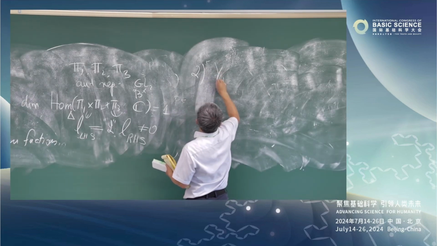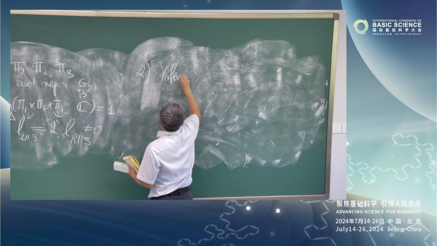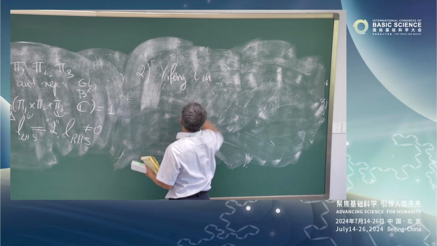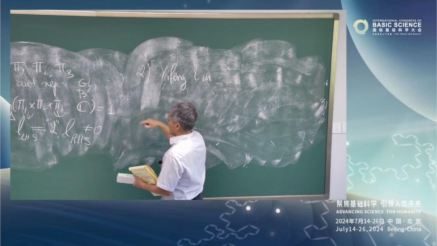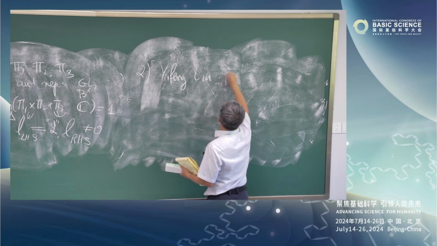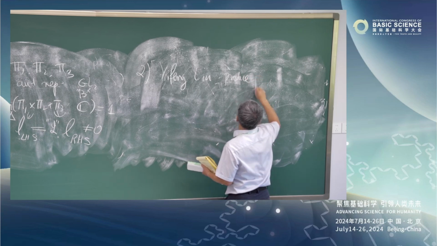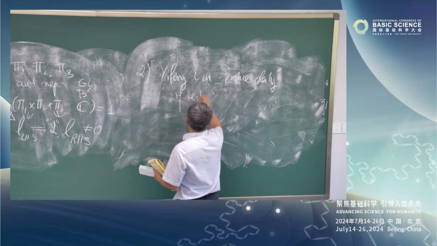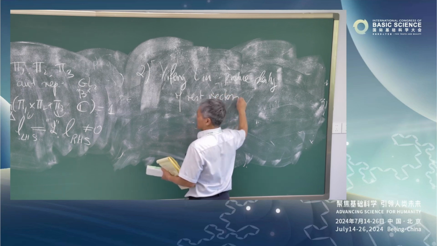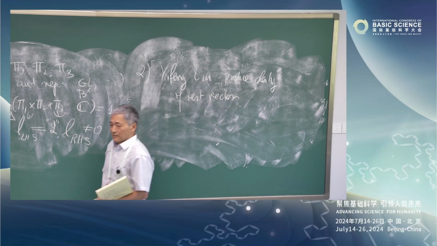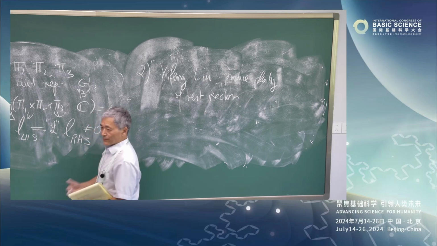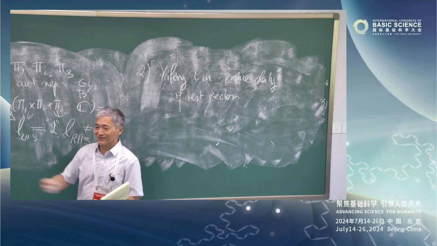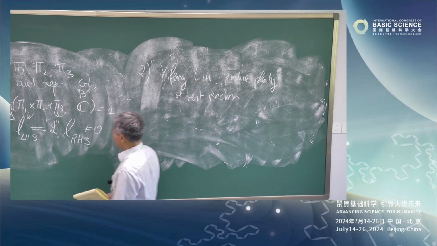Another local input is Yifeng Liu's work. He produced plenty of test vectors for such a calculation. And because we're doing the global proof, we have to throw a lot of things out. So there are two local inputs.